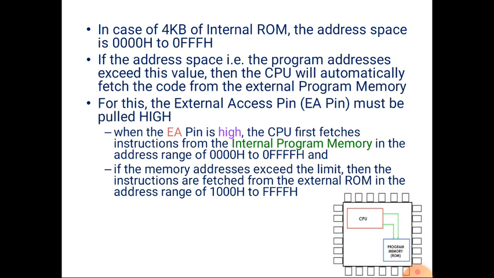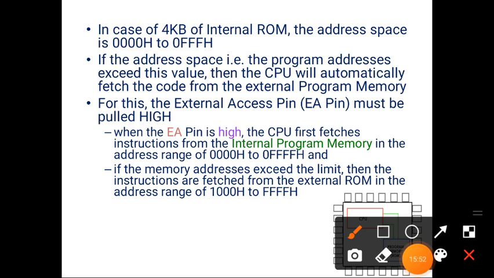So the address space starts from 0000 to 0FFFH, that is 4 kilobytes. If the program address exceeds this value, if it is greater than 0FFFH, then the CPU will automatically fetch the code from external program memory.